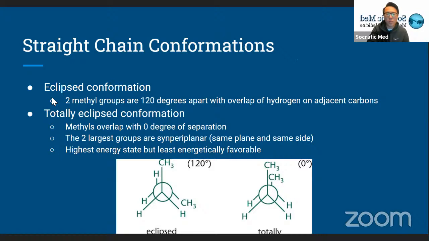Do you need to know when the gauche formation is more stable than the anti formation?